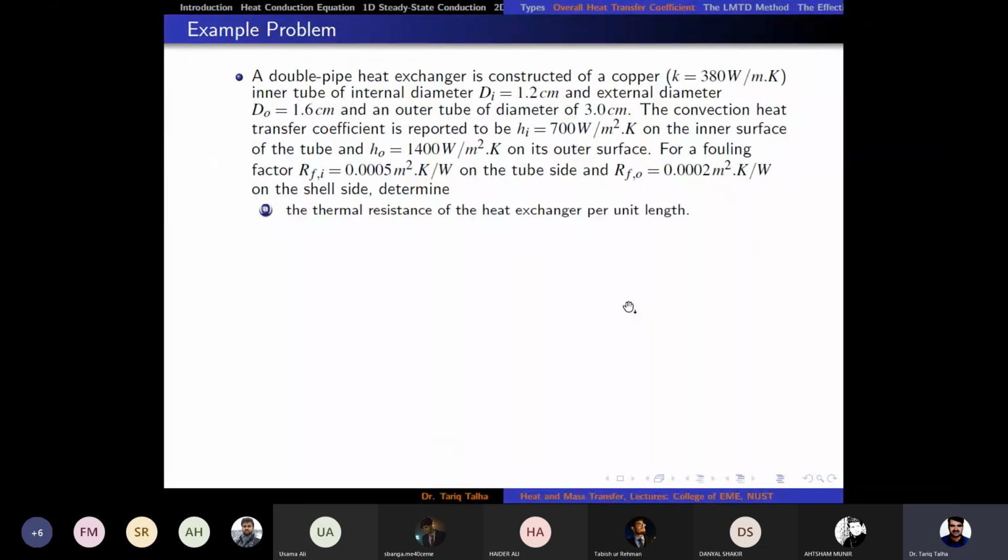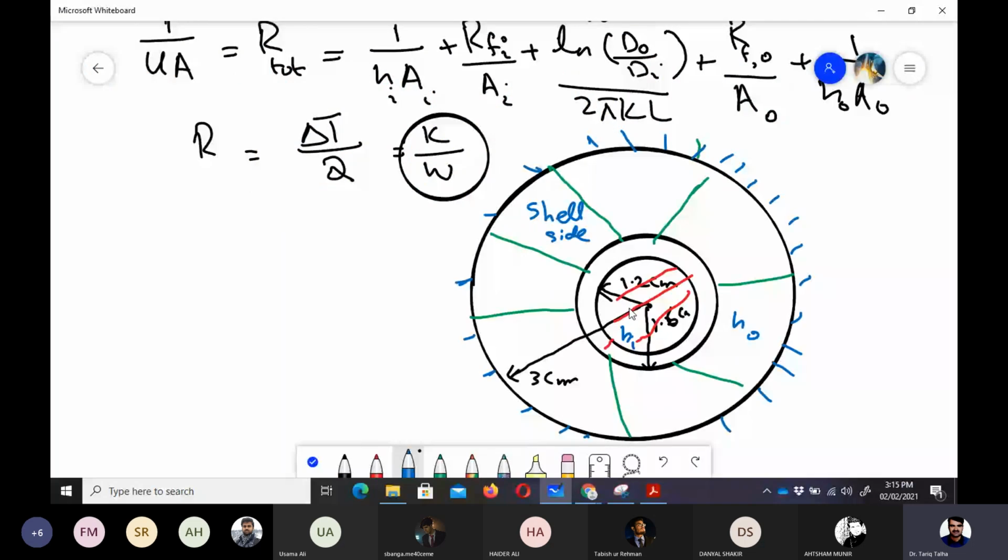So the thermal resistance per unit length we need to calculate. That is quite easy. R total would be equal to, if we start from here, first the convection resistance of the internal fluid, that would be 1 upon Hi into pi di, and L is 1 here.